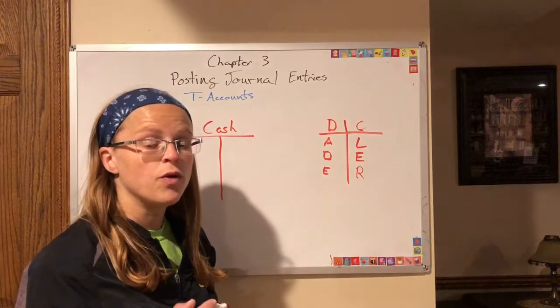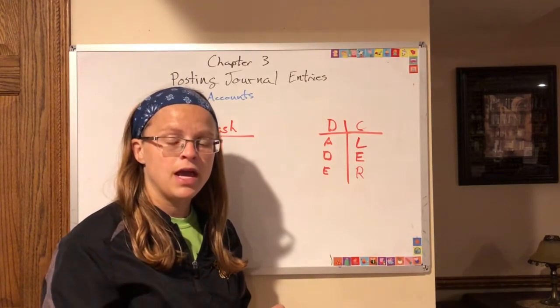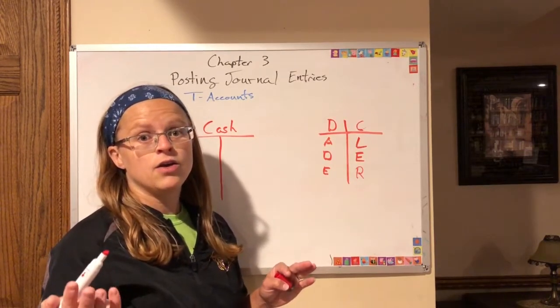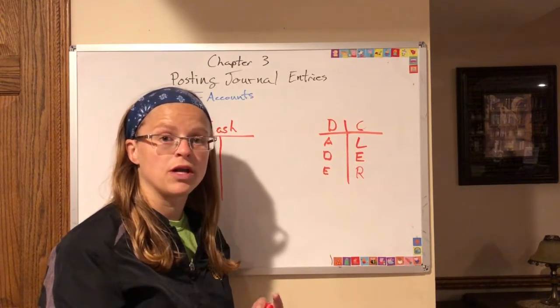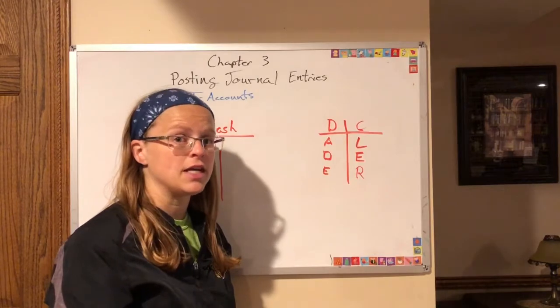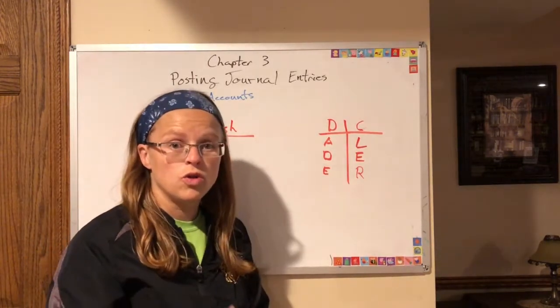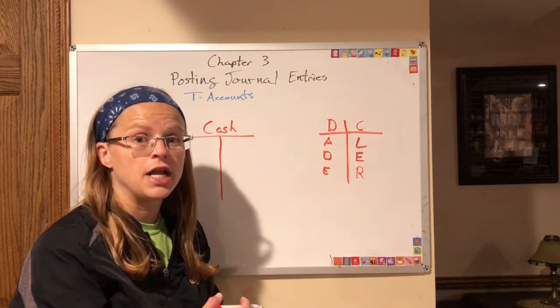All right, so let's take our class example. Anne, with greater athletic performance, invested $35,000 to start her sporting facility to train athletes. So the two accounts being impacted are cash and equity.